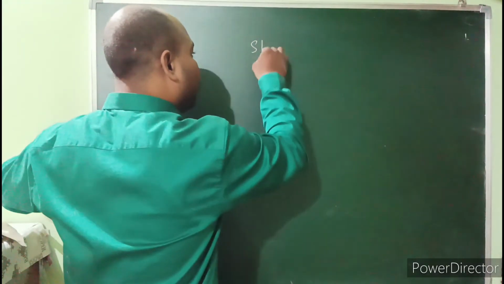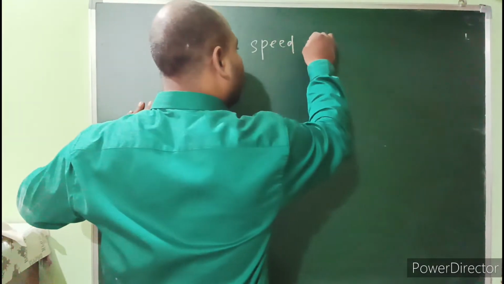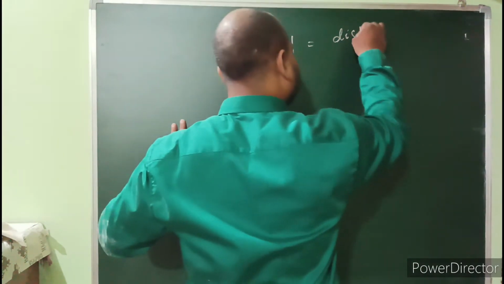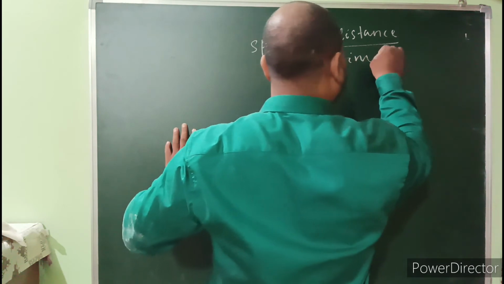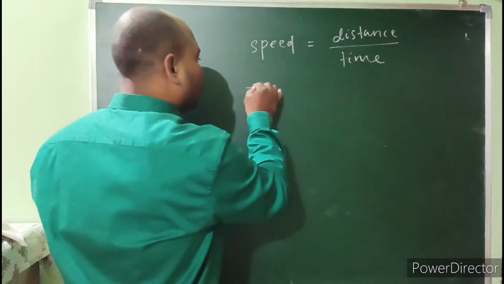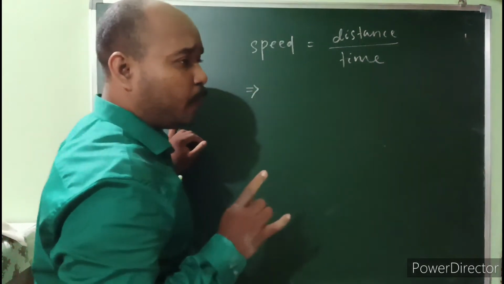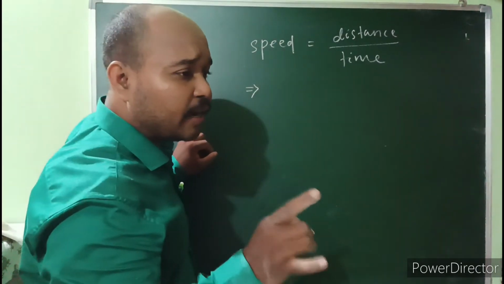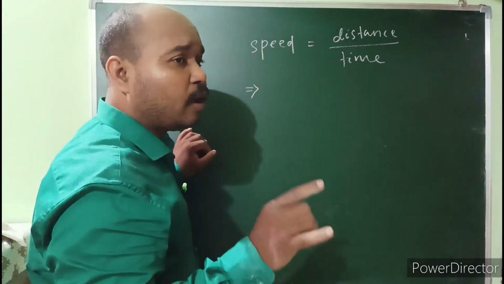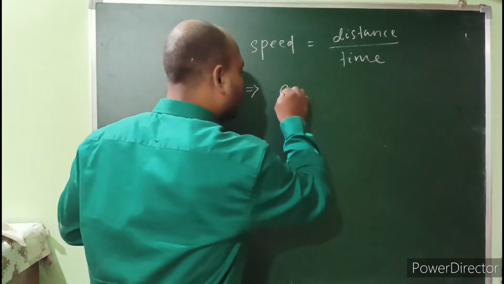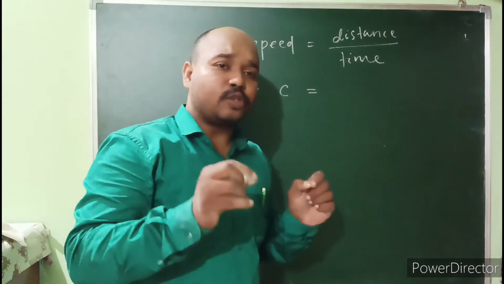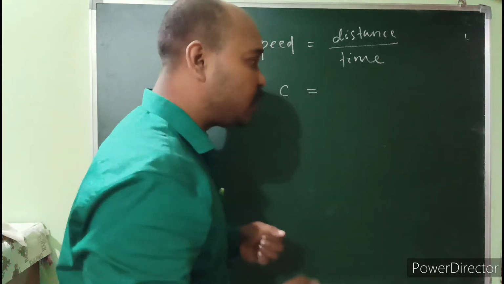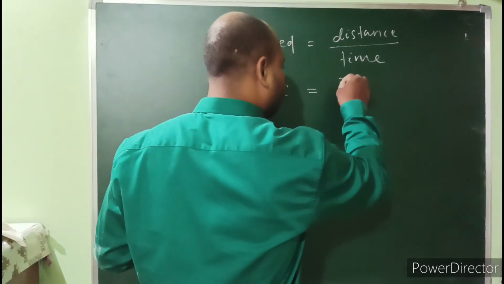So we know that speed is equal to distance upon time. Now speed of electromagnetic wave is equals to the speed of light. That's why I'm giving the sign C. Distance means the distance between two crests, which we call wavelength or lambda.